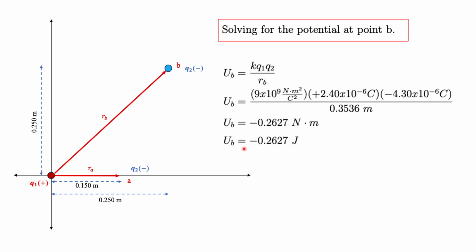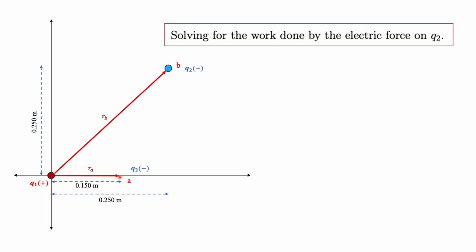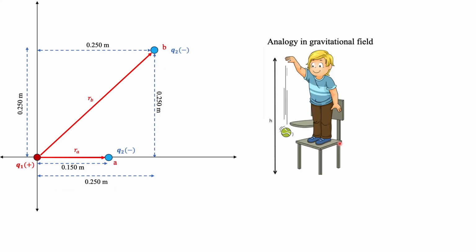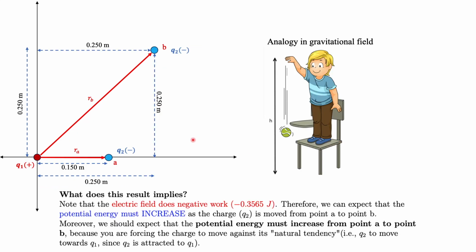So this is true. You notice that the potential at point B is significantly larger than the potential at point A. And we should expect that in the sense that we're actually getting a negative work. And remember our analogy in class, if we're doing a negative work, the consequence of that is the potential energy increases.